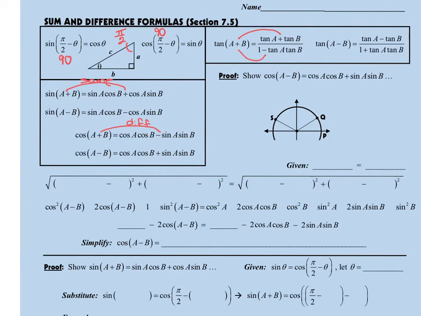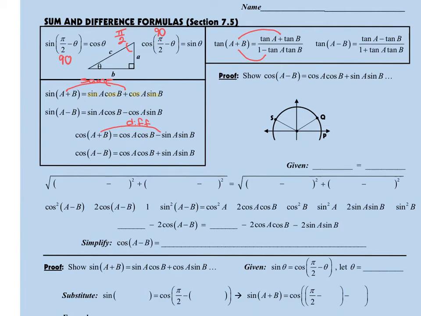The next thing is the pattern that we're going to be looking at. So on sine, the way we can say it in our head is sine, cosine, cosine, sine. So sine starts with sine, and then the pattern is sine, cosine, cosine, sine. And then the A's and the B's simply follow the AB order that's in the problem. For cosine, cosine's going to start with cosine, and its pattern is cosine, cosine, sine, sine.